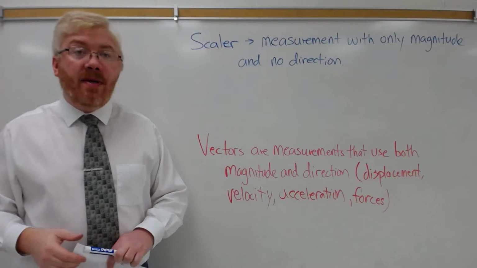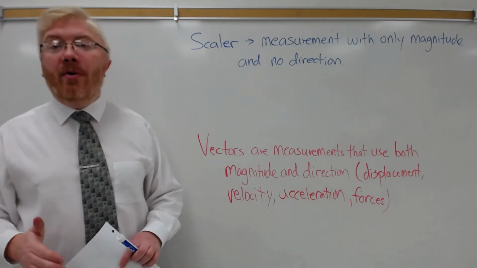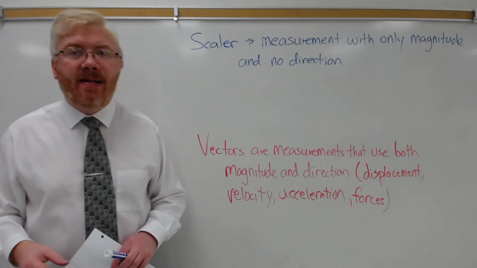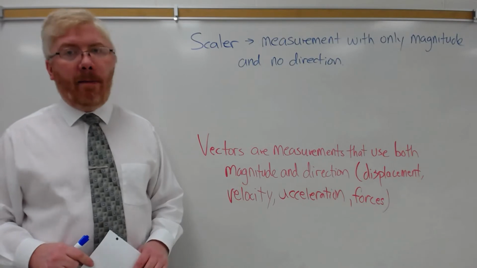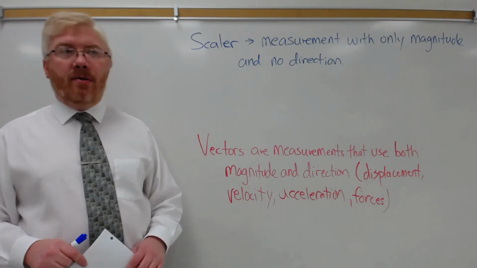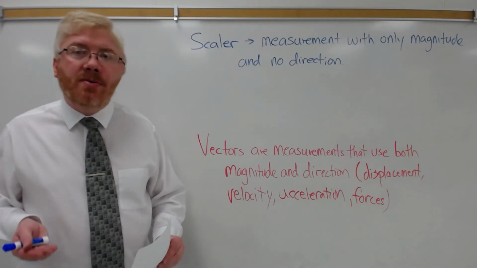So some examples of this: temperature, right? When someone asks you what the temperature is, you don't have to give them a direction. In fact, that's nonsensical. How warm is it in this room? Well, it's 70 degrees Fahrenheit up. Or it's 22 degrees Celsius east. That makes no sense.